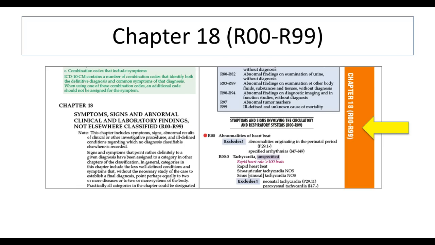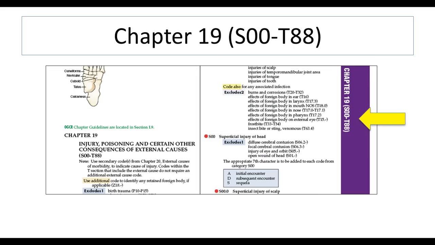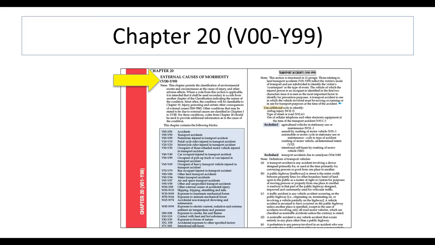Chapter 18 is labeled R00 through R99. Chapter 19 is labeled S00 through T88. Chapter 20 is labeled V01 through Y99.